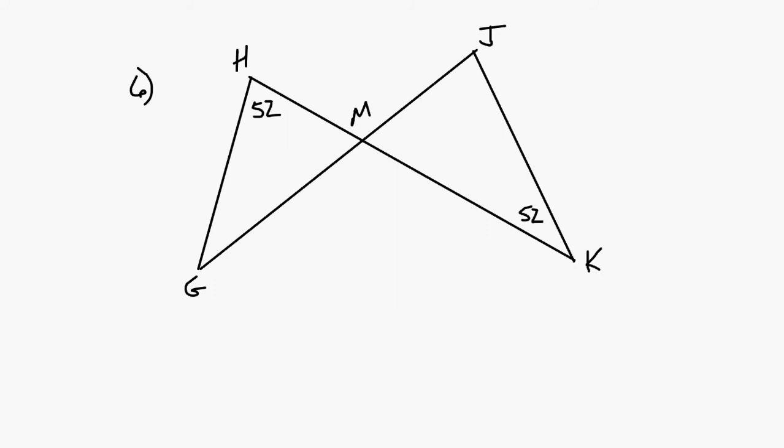The question is, are the two triangles similar? How do you know? All right, in these two triangles, you can see that H is congruent to K. And you know that vertical angles are congruent. So these angles here formed by point M are going to be congruent as well.